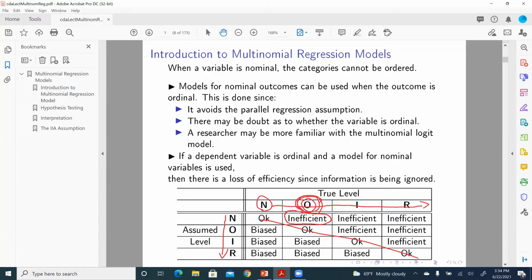Let's say OLS regression. What's going to happen? So we use OLS regression, a technique designed for continuous interval or ratio response variables, for a true level measurement of an ordinal response variable. What's going to happen? Well, biased estimates.